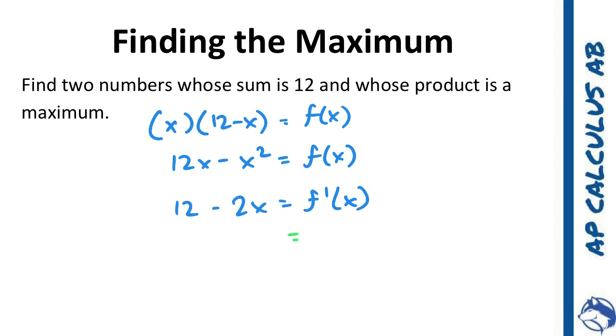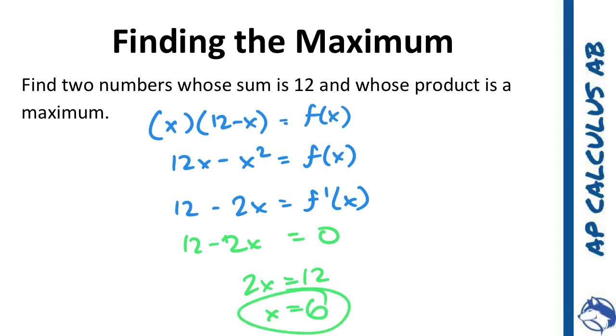Well, we want to set this equal to 0. So 12 minus 2x equals 0. And what we end up getting here is 2x is equal to 12, or x is equal to 6. And so that's how we would find the number there, and then we could plug it back in. And so using the derivative is going to prove to be a pretty helpful advantage here.